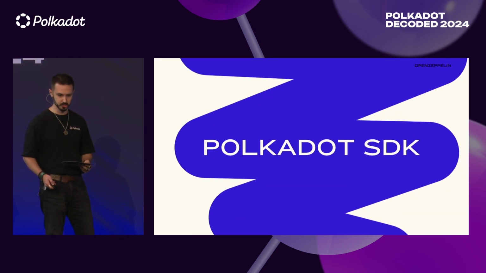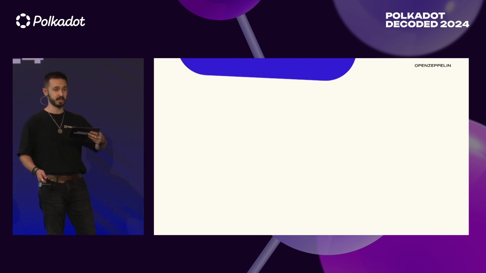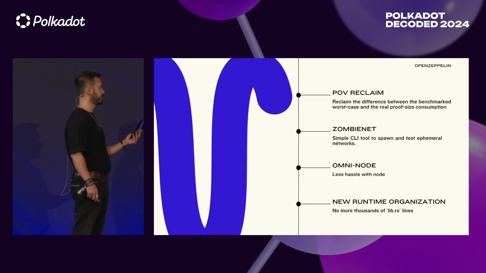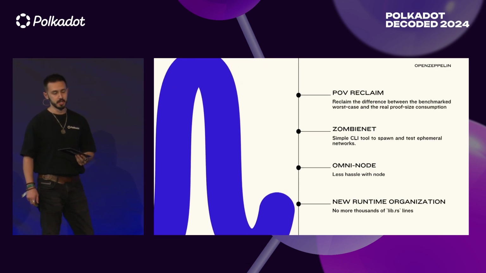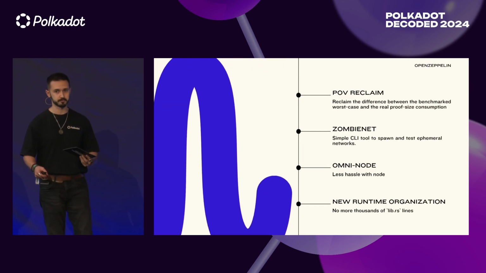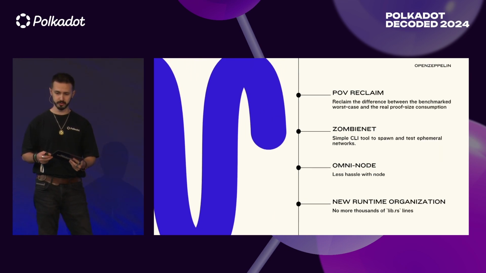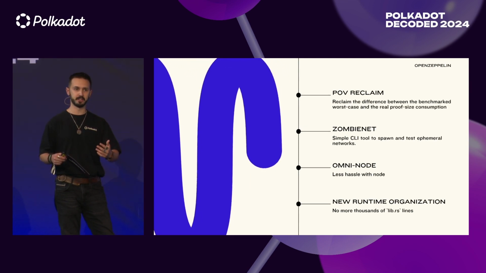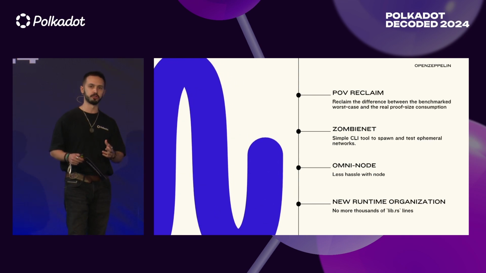I also want to mention some new features from Polkadot SDK that we want to follow and we are following at the moment, which is proof of validity reclaim. To begin with, in short, for Polkadot-related stuff, there is a weight related to proof of validity, which is benchmarked for the worst case.